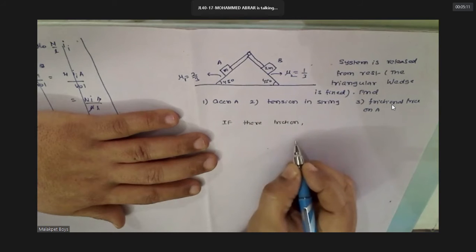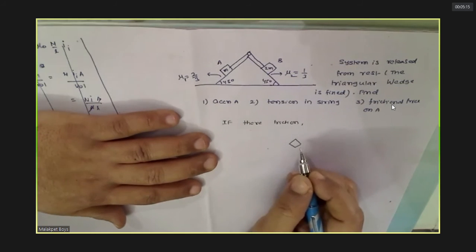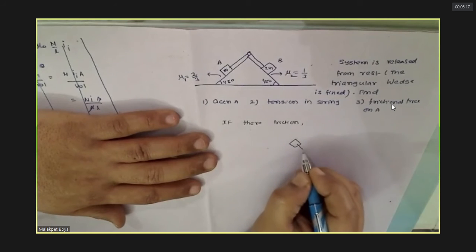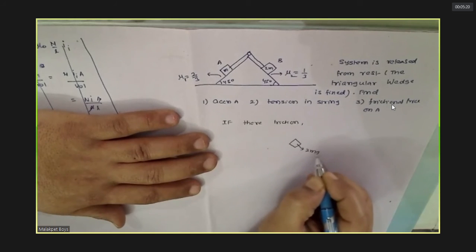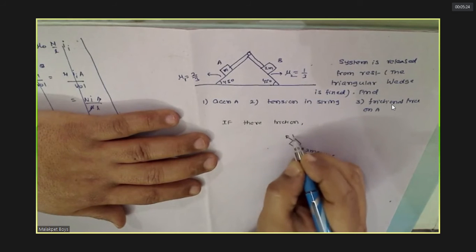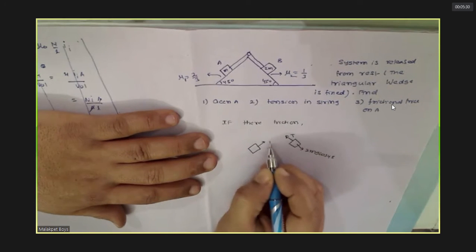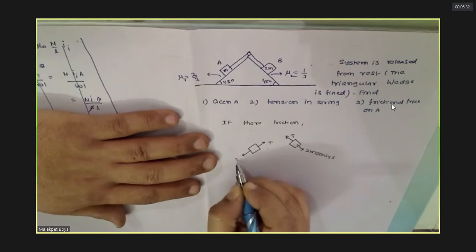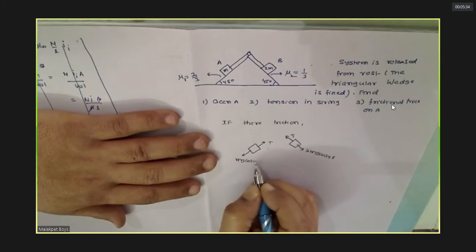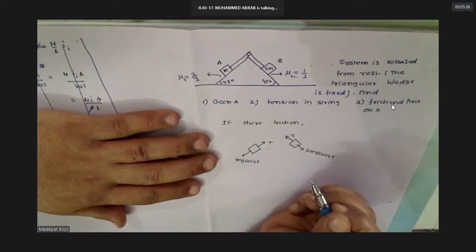C moves down the plane, A moves up the plane. This is 2 mg cos 45. This is T. This is the tension, and this is mg sin 45.